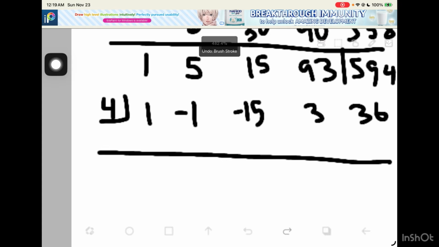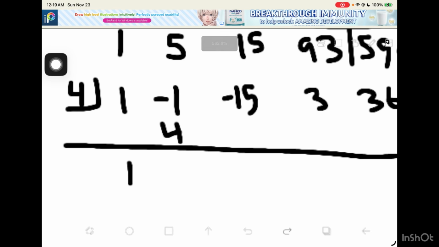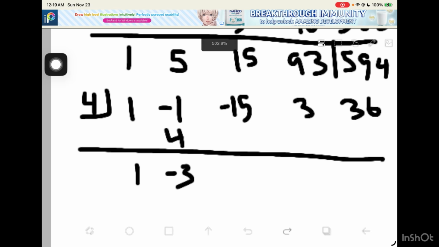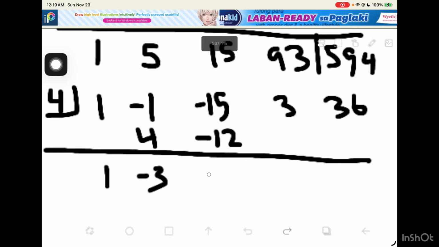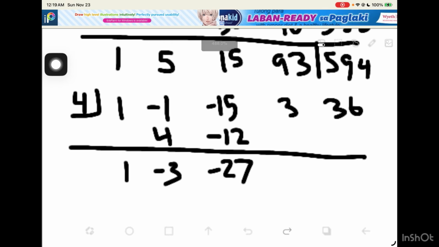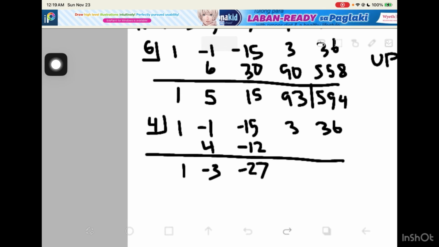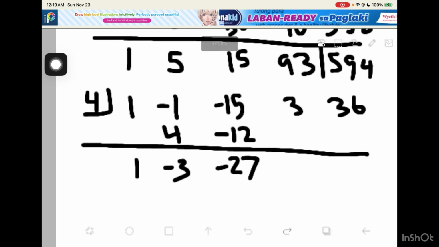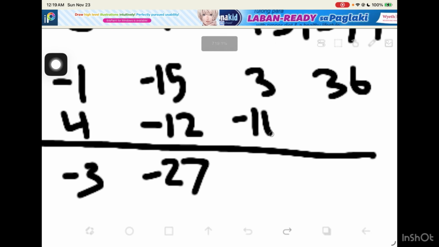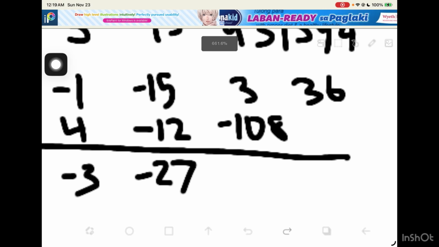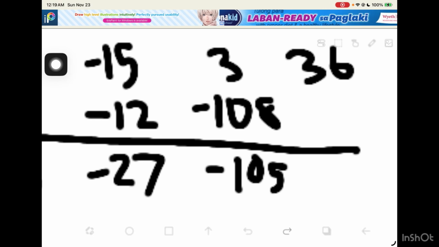Then we can just use 1 times 4, 4. This is negative 3, negative 12, negative 27, negative 108. This becomes negative 105.